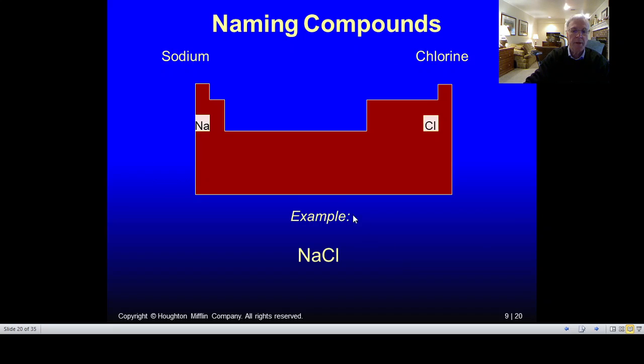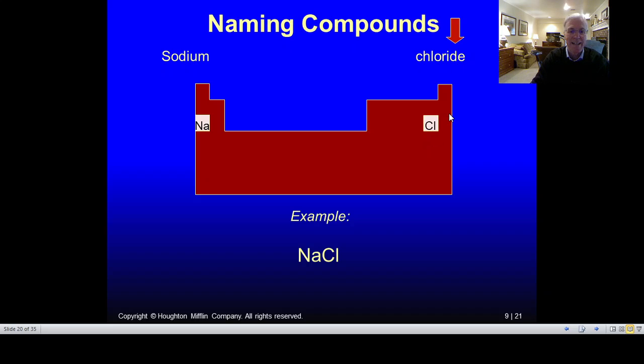So as we look at the periodic table and its general shape, we note that sodium, for example, is on the far left-hand side of the periodic table, where chlorine is on the far right-hand side. When sodium and chlorine combine to form a compound, we call that compound sodium chloride, and it has the formula NaCl. But you might wonder, how do we do that?